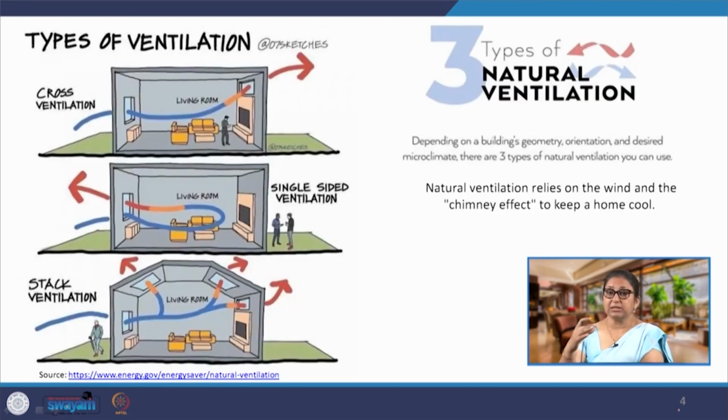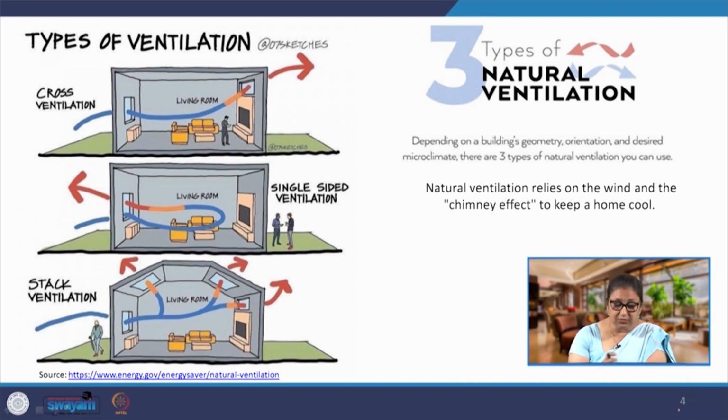So, when we look at the different types of natural ventilation that can happen inside the building, we are looking at cross ventilation, and we have seen in the previous lectures how that can be facilitated. So, we are looking at provision of fenestration, it could be doors or windows or ventilators on opposite or adjacent walls.